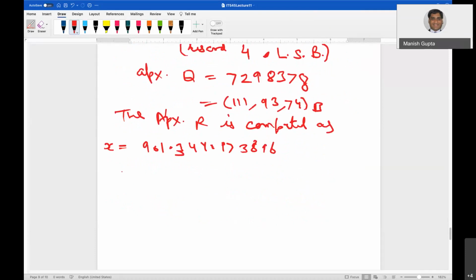Okay, and then we have qm is equal to 9010342471028.